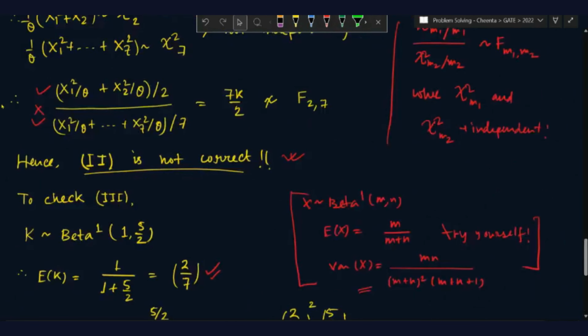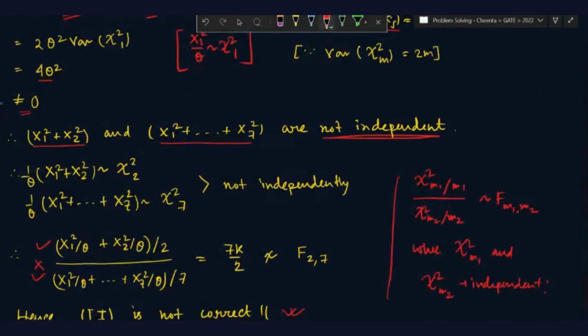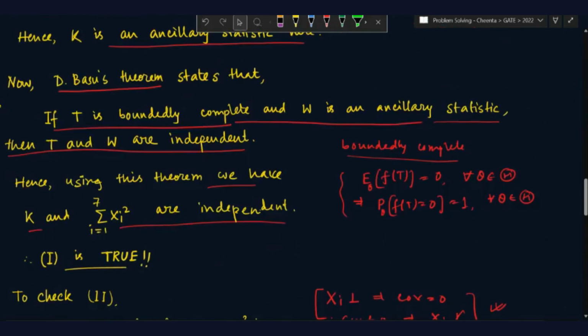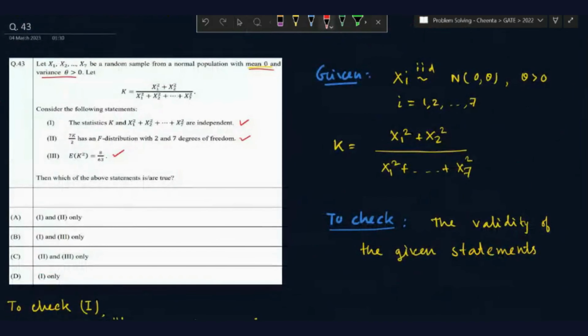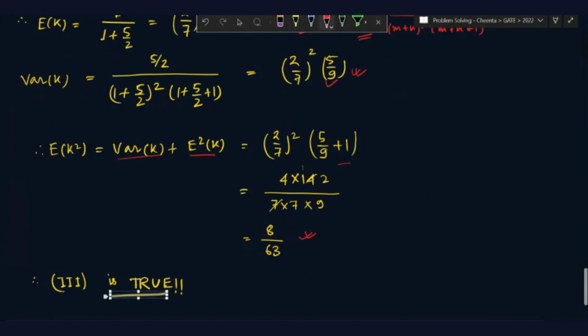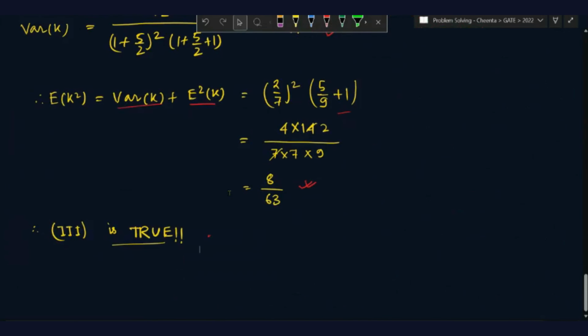So we have got 1 is true, 2 is not true, and 3 is true. Hence only 1 and 3 are true. That is option B. Hence option B is correct.